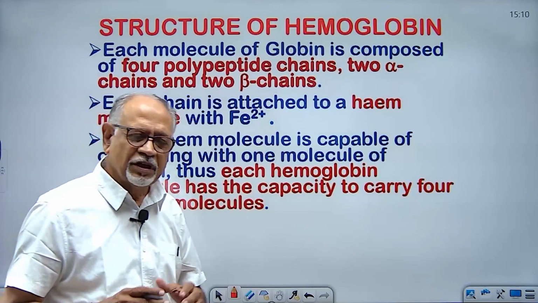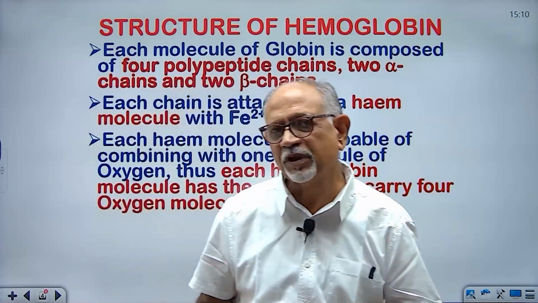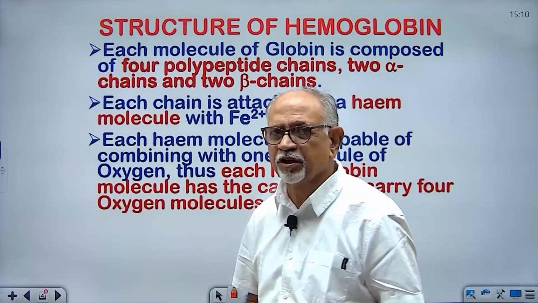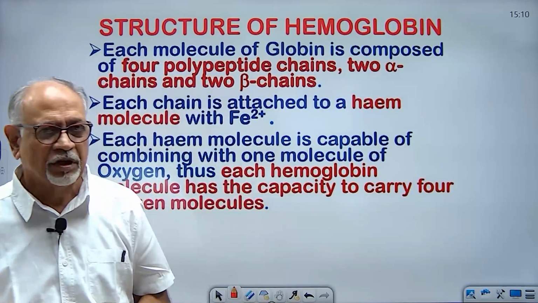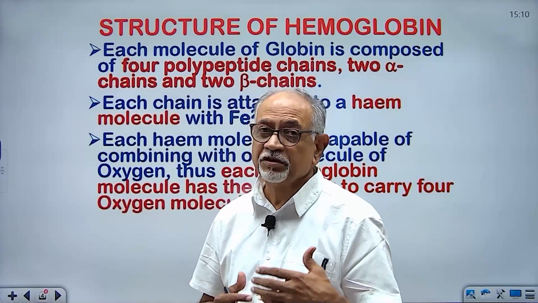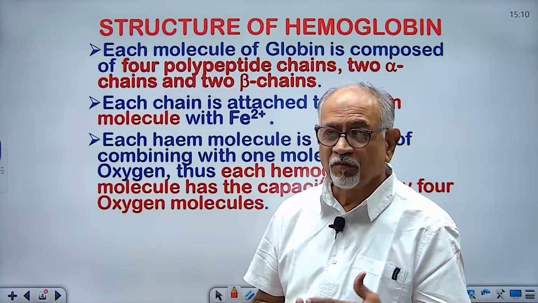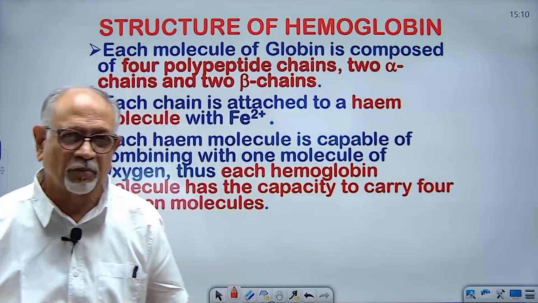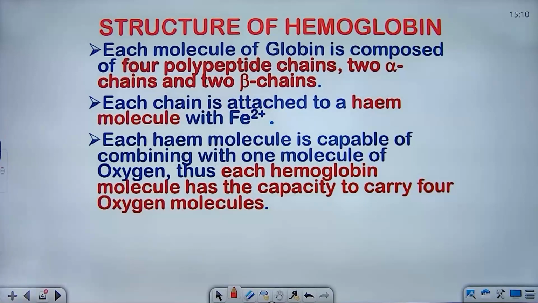Therefore, each molecule of hemoglobin is capable of carrying 4 molecules of oxygen. Therefore, hemoglobin is very important in the transport of oxygen from the respiratory organs to different parts of the body, tissues and cells.